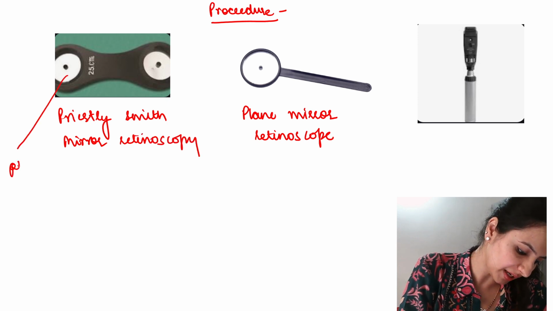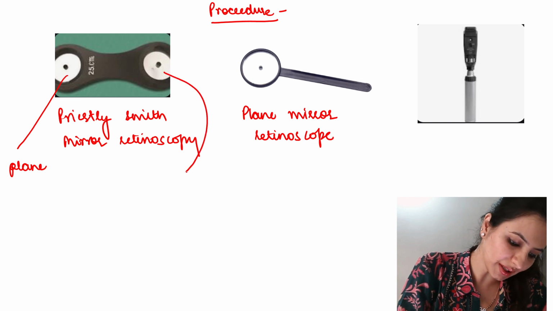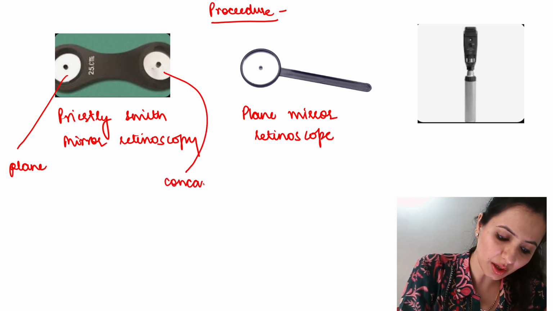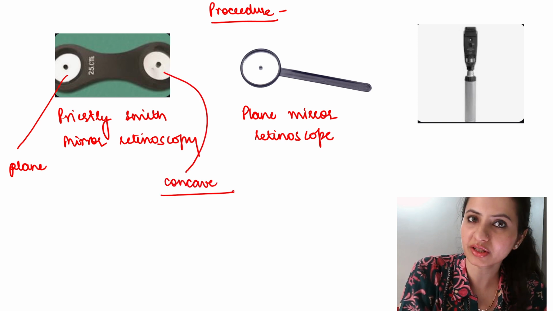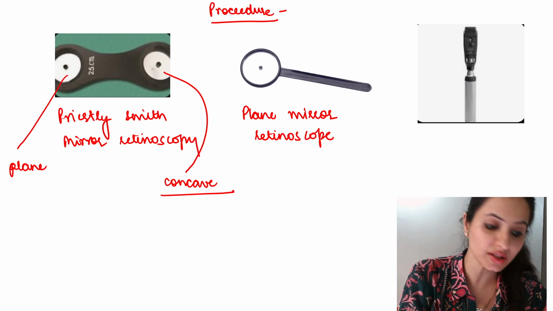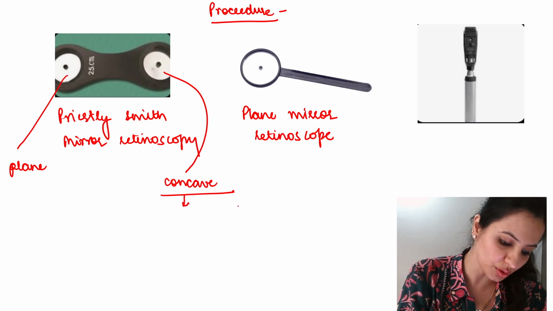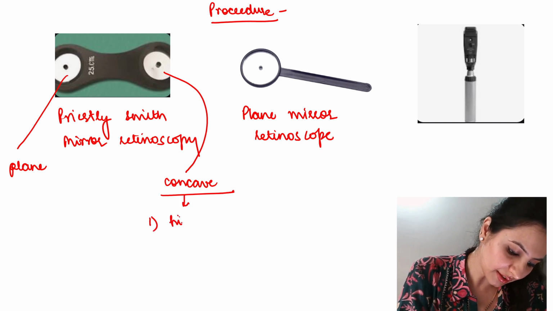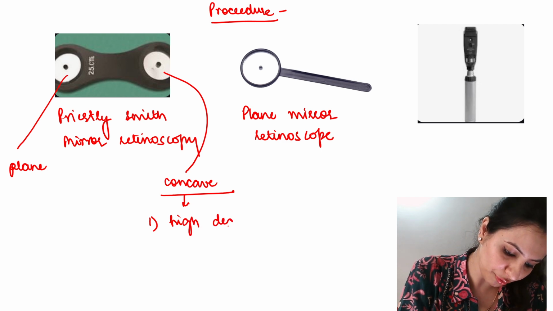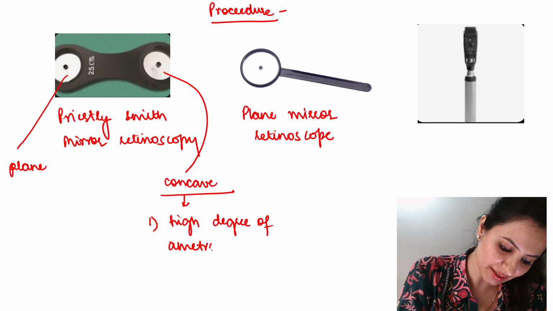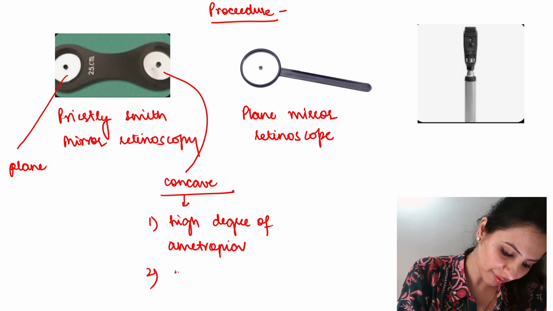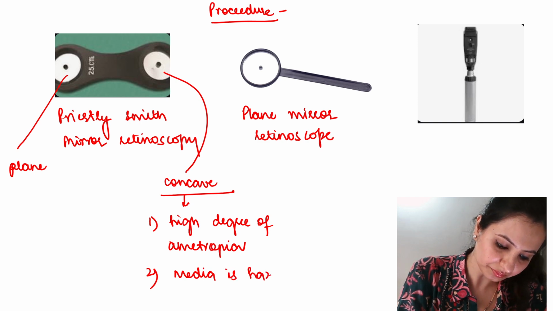One is plain, other one is concave. See, most commonly the plain mirror is used. But what are the conditions in which the concave mirror is used? They are either high degree of ametropia, that is high degree of refractive error, or number two, when the media is hazy.